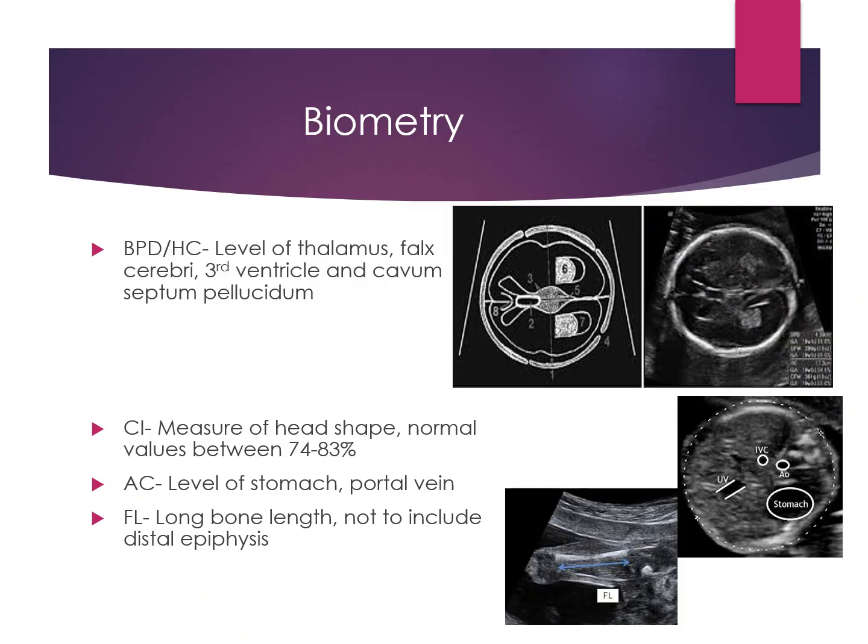So biometry, let's see. We have the biparietal diameter and the head circumference. This is going to be taken at the head, at the level of the thalami, the falx cerebri, the 3rd ventricle, and the CSP or cavum septum pellucidum.